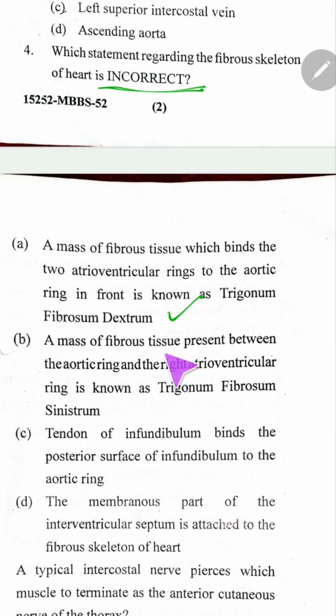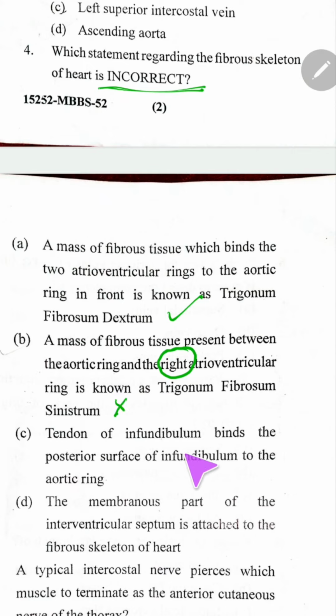A mass of fibrous tissue present between the aortic ring and the right atrioventricular ring is known as trigonum fibrosum sinistrum. No, this should be left. Remember the diagram? Trigonum fibrosum sinistrum connects the aortic ring to the mitral ring or the left AV ring. So this is a wrong statement.